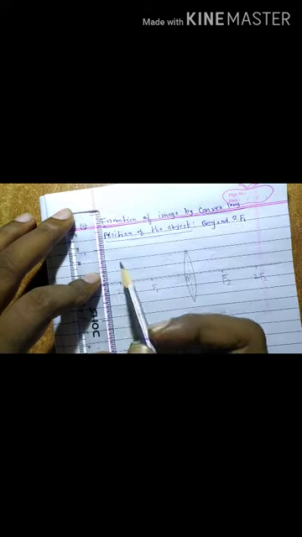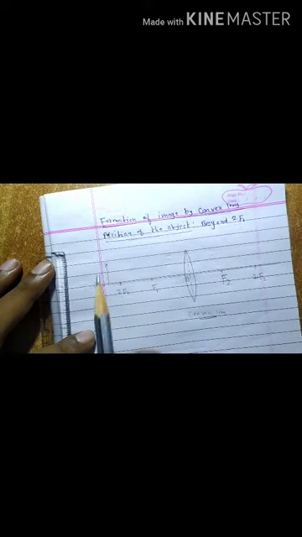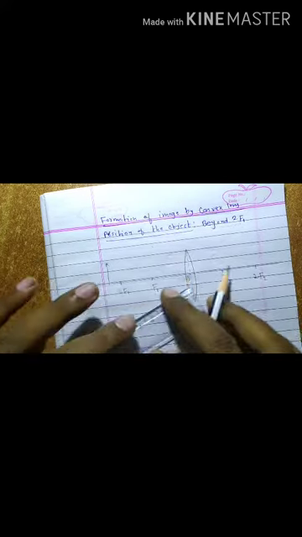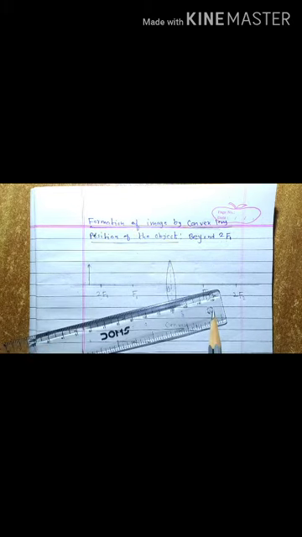Sorry, the height became more than the height of the lens. This indicates object is in this direction, right? For the formation of image, two rays are very important.